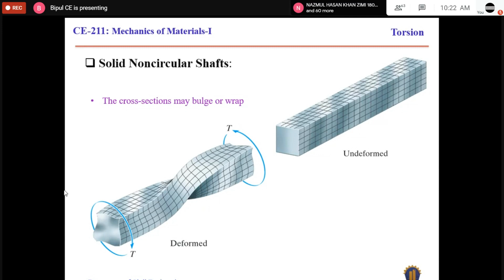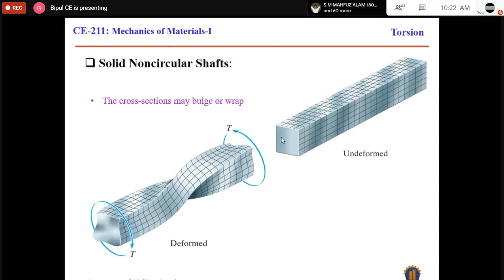In the previous case for circular shape, it was observed that the section has been twisted, but it was not deformed. There is no warping or bulging, but in this case the surface has been warped. Okay, surface is not straight. So again, but the plane section remain plane.